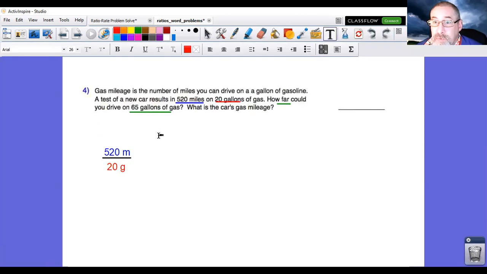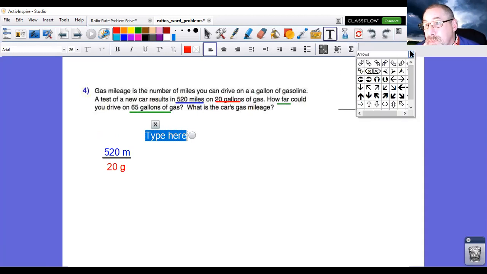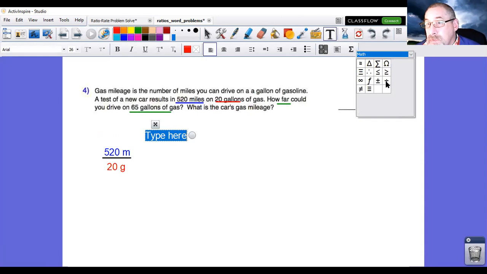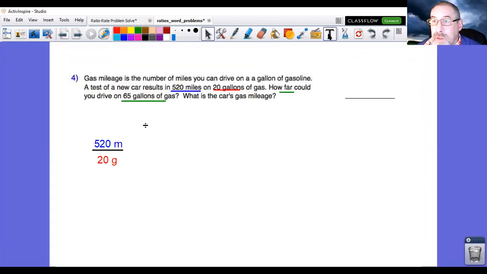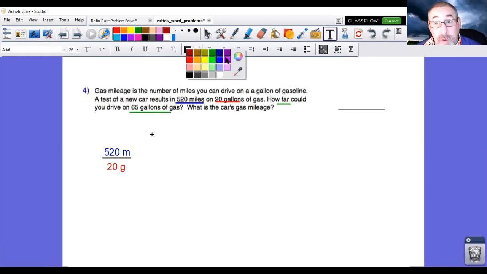So to do that, we're going to divide, and we're going to end up with our unit rate.